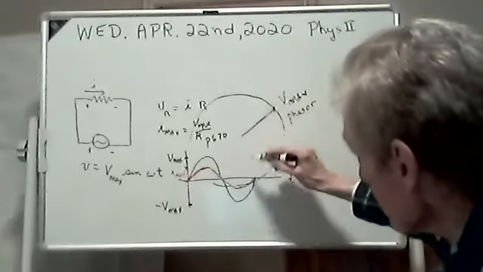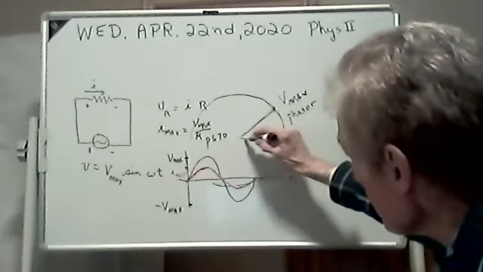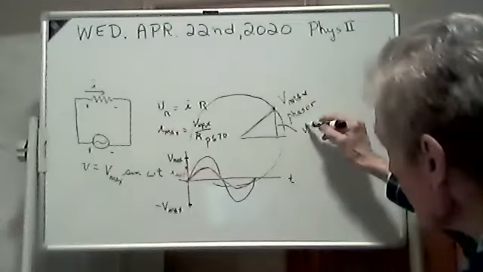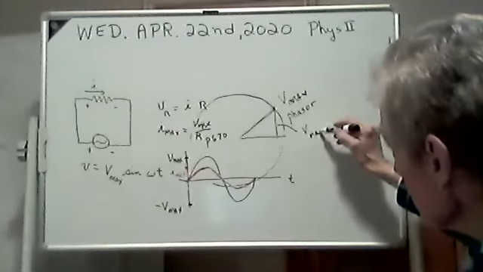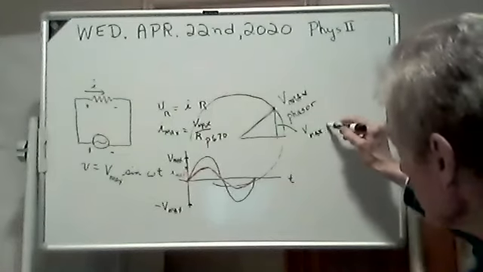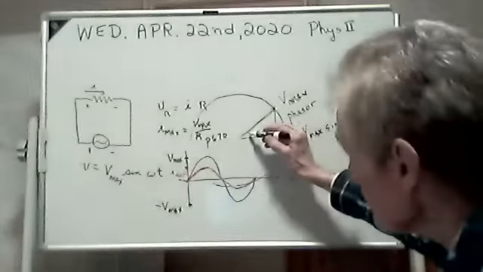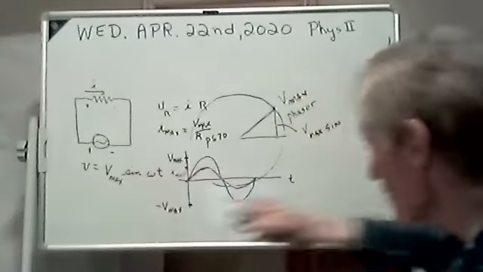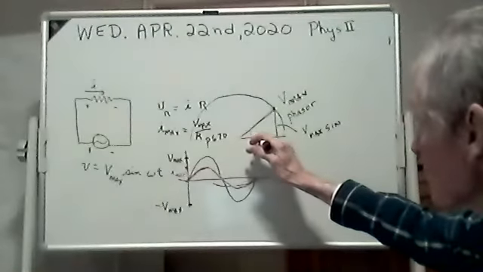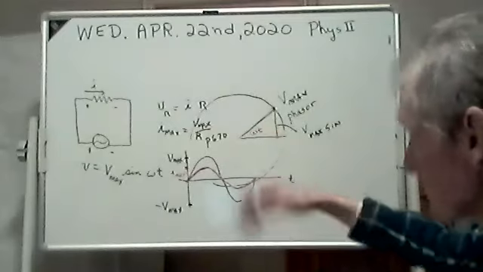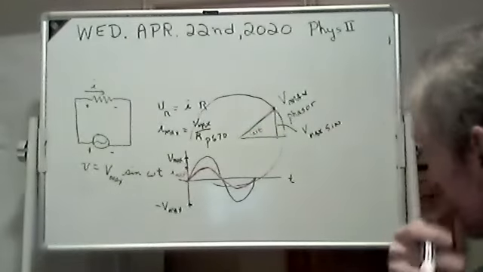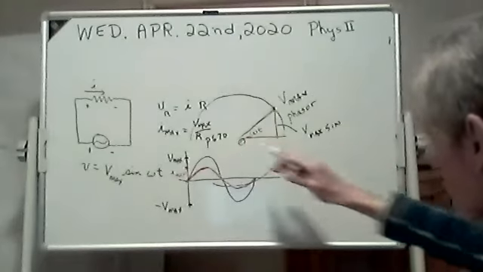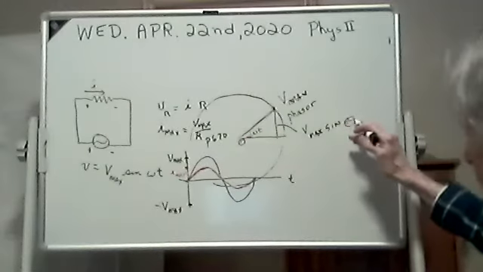Now, when it's right here, this right here is going to be your Vmax sine of this angle. See the Vmax sine of the angle? That angle in general is omega t. Depends on the time because it's changing all the time. But you could say it's theta if you wanted to. It's Vmax sine of theta.